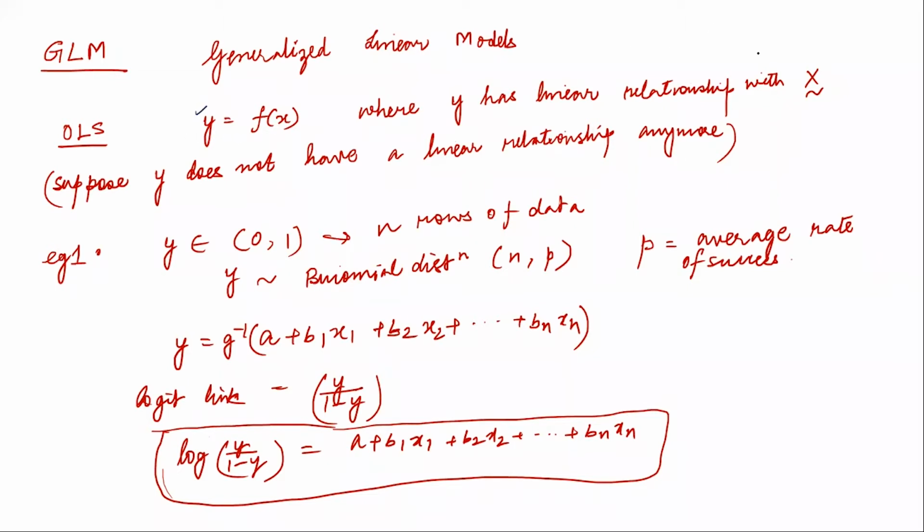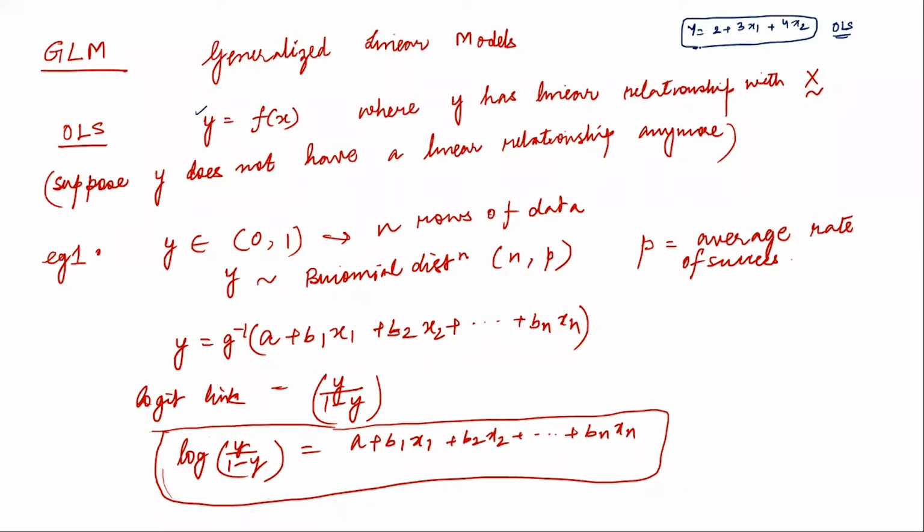So we are able to write that y equals 2 plus 3x1 plus 4x2. This is an OLS model. We are able to build an equation like this because we know that y will have a linear relationship with all the x's. Everybody with me so far?